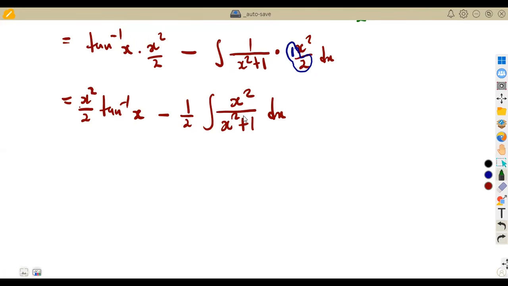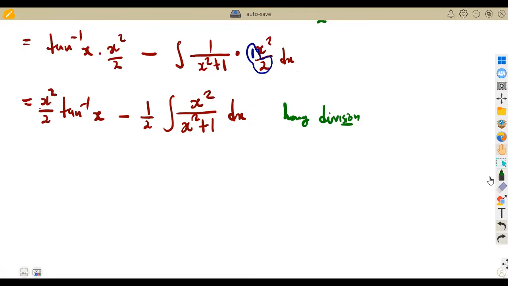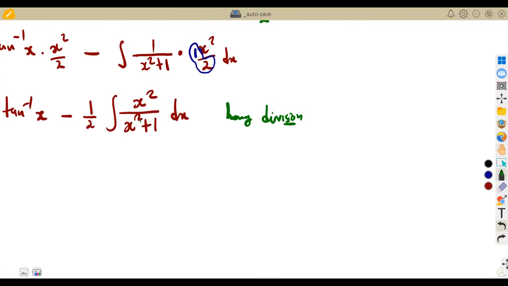What were we doing in N5? We were applying long division. So to integrate this part, we are supposed to apply long division here. We're going to divide x squared plus 1 into x squared, which is our numerator.